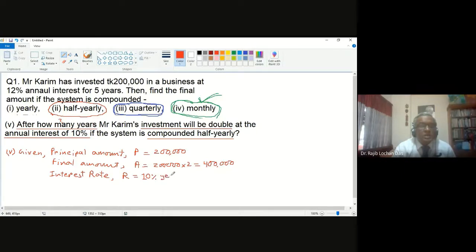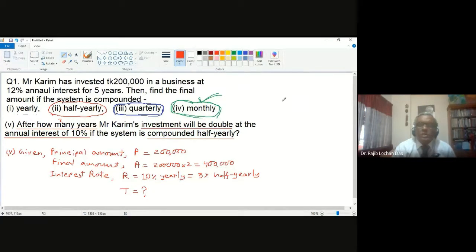This is the given thing, and you make it half yearly, so divided by 2. So 5% half yearly, 5% means 0.05. You can write it here, or you can directly put the value, no problem. And T is to be found out. We do not know T. We will find out.